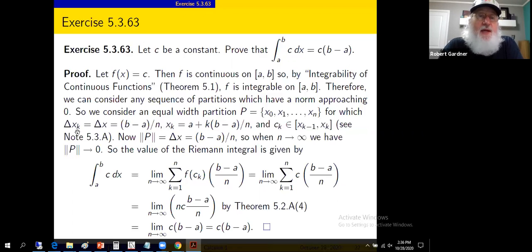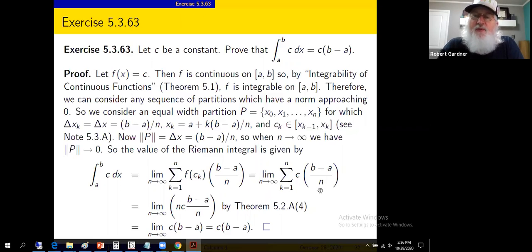Remember, we took delta x sub k to be the constant (b minus a) over n. Now, I don't know specifically in this one what the c sub k are. In general, I'll need to know that, but hey, the function f is a constant function. So whatever you put into it, you just get the value c back out. So this one's a little special in that sense. So f of c sub k is c.